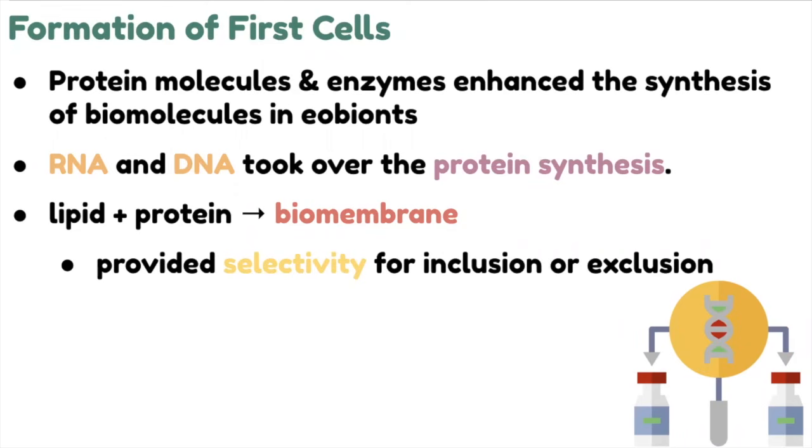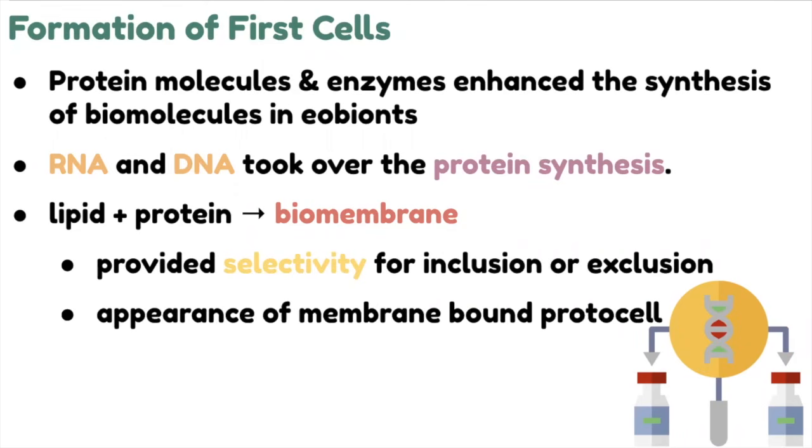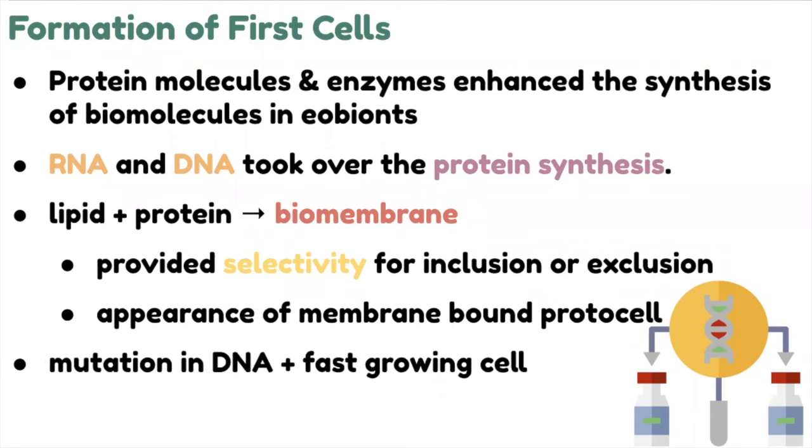It also allowed the appearance of membrane-bound protocell, and that has eventually given the first cell on Earth. The mutation in DNA and selection of fast-growing cells give rise to the appearance of the first primordial cell. Remember, class, that the first cellular form on Earth appeared around 2,000 million years ago.